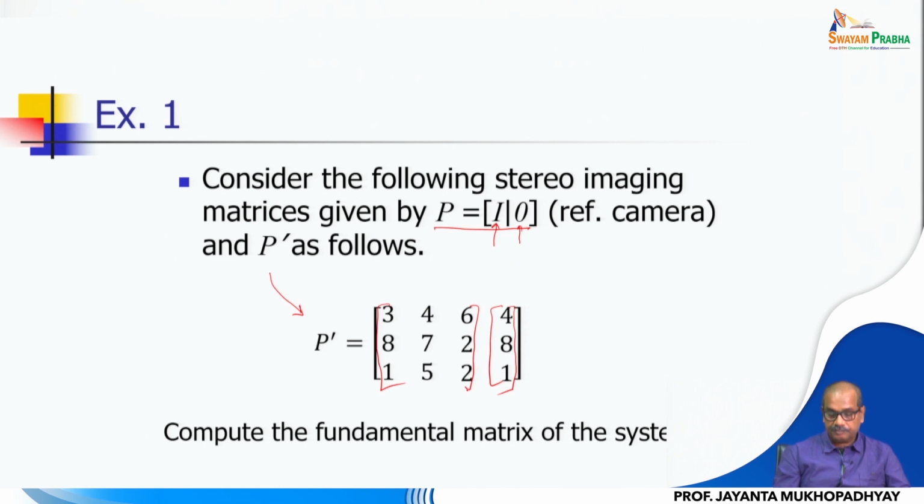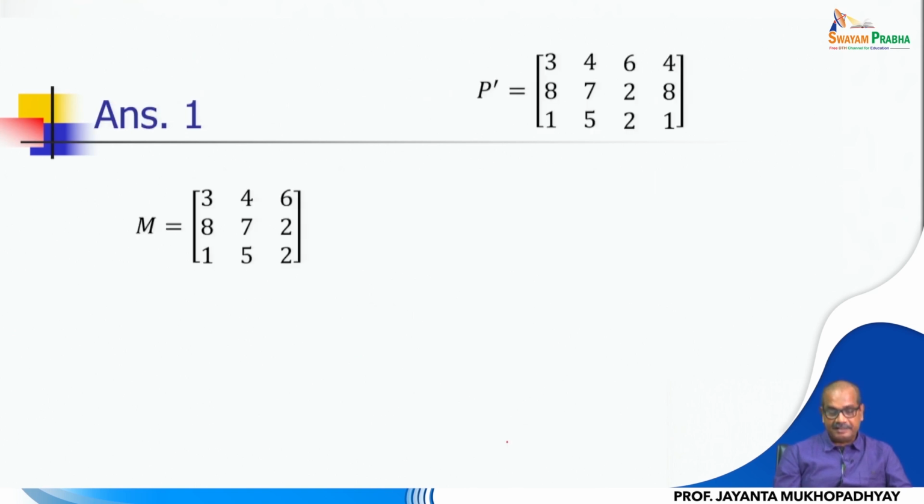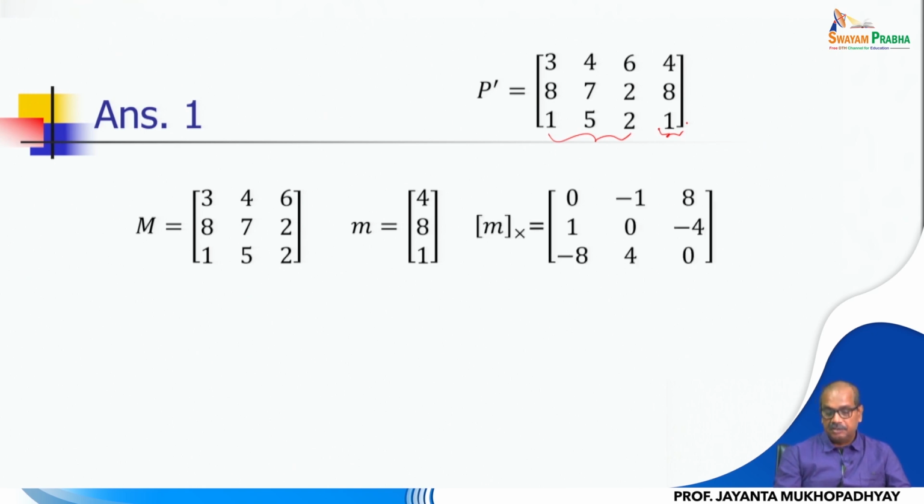Now you have to compute the fundamental matrix. How do you do it? As I said, this part can be considered as the M 3 cross 3 submatrix, and this one is the 3 cross 1 column vector m. We should first compute the respective m cross matrix, the skew symmetric matrix, and taking from the definition of a skew symmetric matrix, this is what we can get.